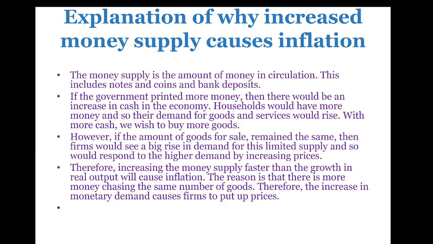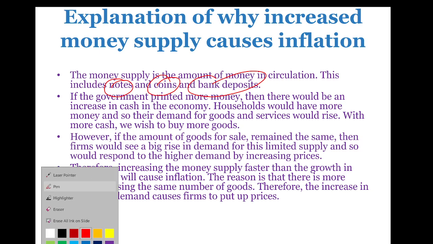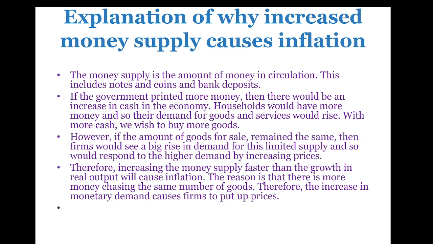Now the next point is why does increased money supply cause inflation? This is a very important line. You can take a screenshot also of these lines. Money supply is the amount of money in circulation. This includes notes, coins, bank deposits, etc. If the government printed more money, then there would be an increase in cash in the economy.